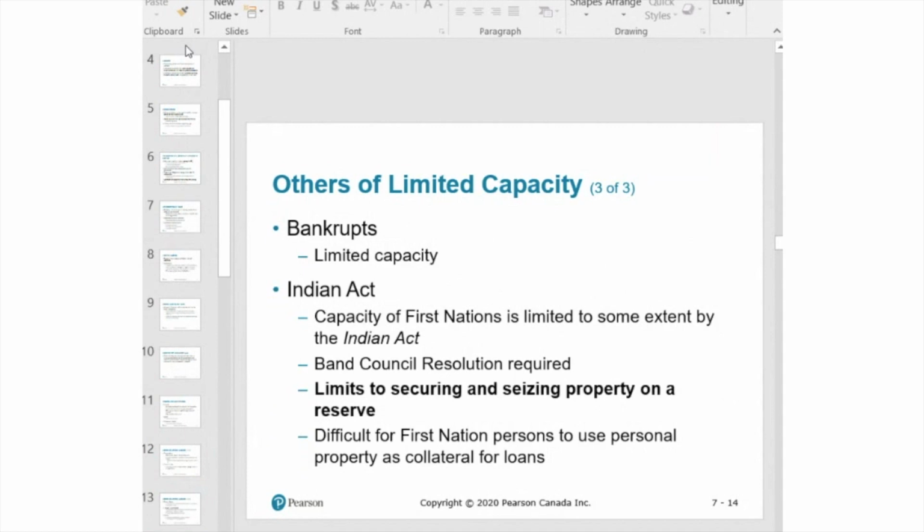Again, because I know the law a little bit, I know that their land cannot be seized and sold. So my answer to them is, hey, I'm sorry, but because of the Indian Act, I cannot have your land as security. Do you have anything else? Do you own a car? Do you own jewelry? Anything else? But not your land, because there's a limitation. Okay.